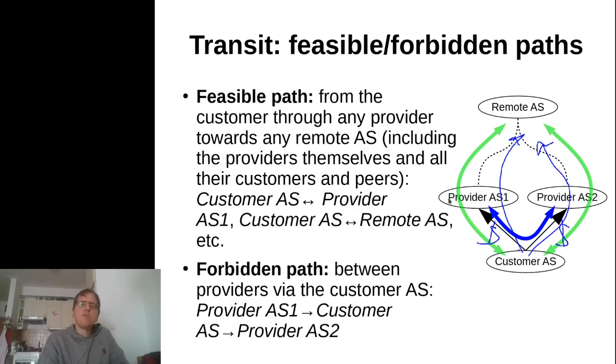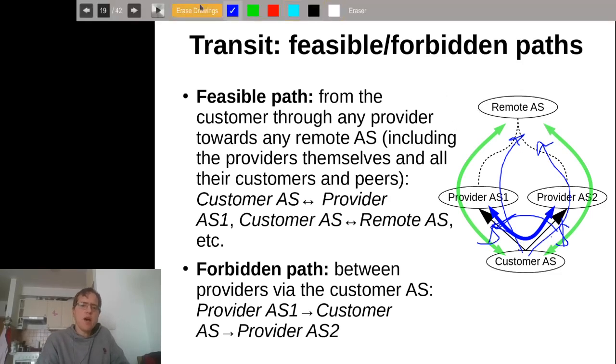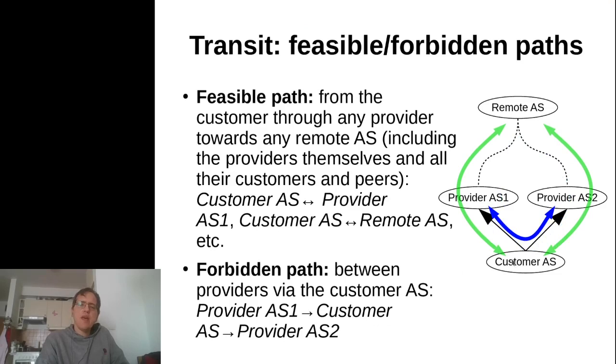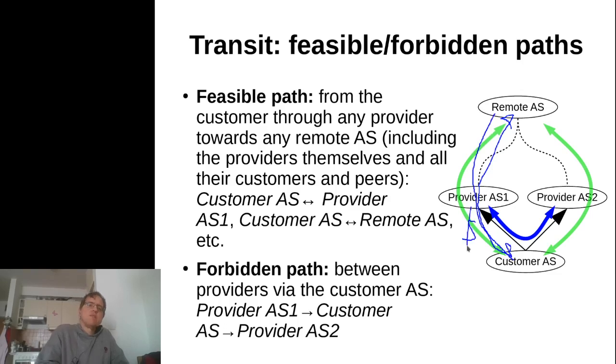The more traffic, for instance, that AS1 manages to attract to its transit link, the more transit fee it will be able to charge the customer AS, and the higher the profit. So actually, any path that goes from a customer through a transit provider to a remote AS, or the other way around, will induce transit fees on this link, and this is within the economic interest of this provider to actually allow traffic to flow along that path.